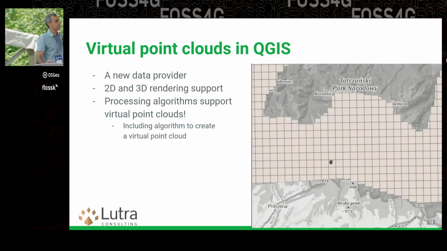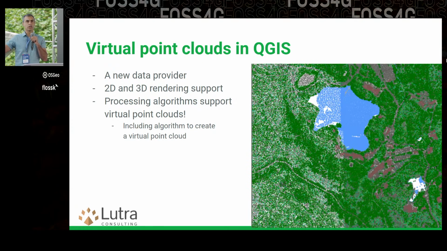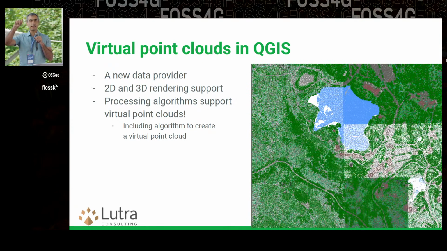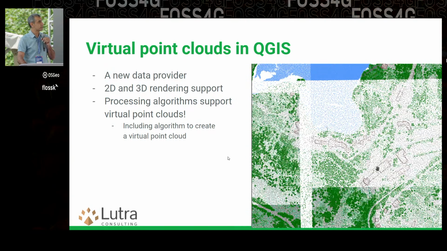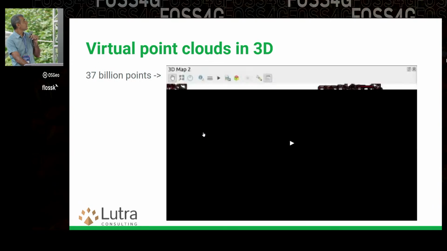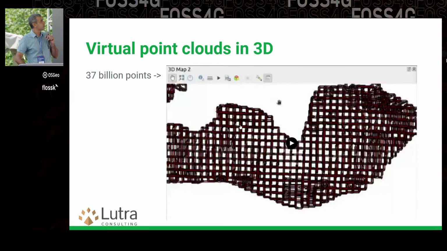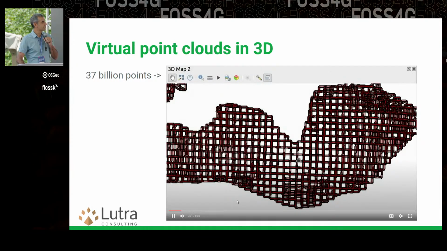You can easily load the virtual point cloud for a country and then just select an area and clip the data or create a DTM in a specific area. The visualization is also available in 3D. This example with 37 billion points is smooth because the data is streamed and you can easily see the data.